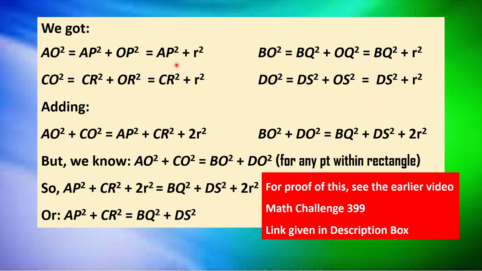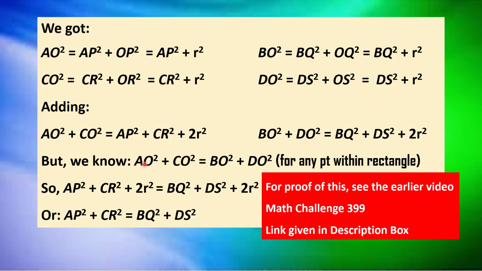Base is the tangent and the hypotenuse is a line joining the vertex and the center, and altitude is the radius. So adding AO square and CO square, we get AP square plus CR square plus 2R square, and adding BO square plus DO square, we get BQ square plus DS square plus twice R square.